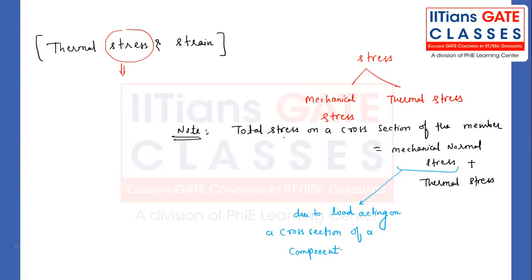So this is one of the important things. When you apply the load, the body will try to resist that load. During that resistance only, the stress will be generated. That is nothing but the mechanical stress.